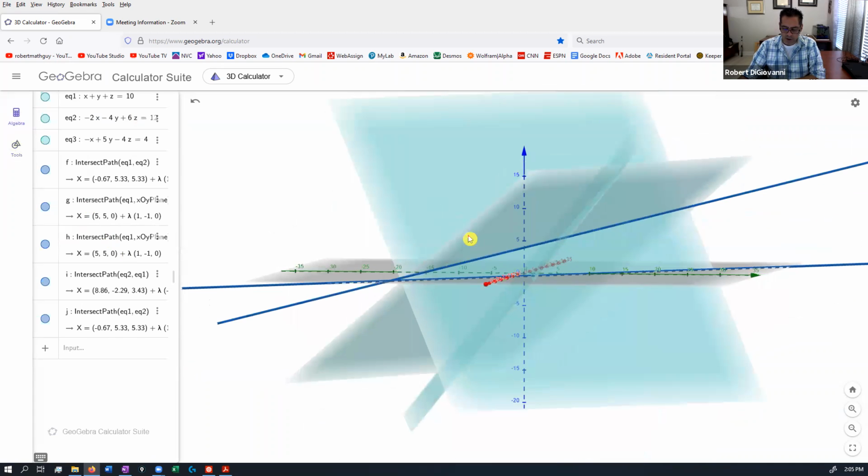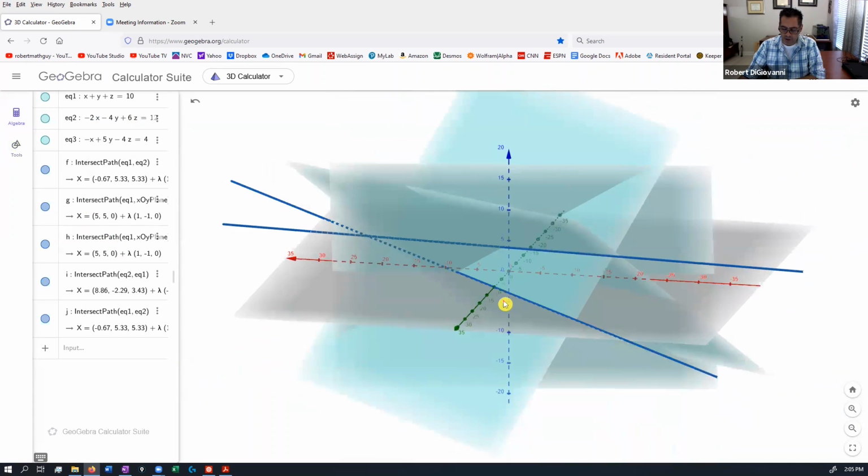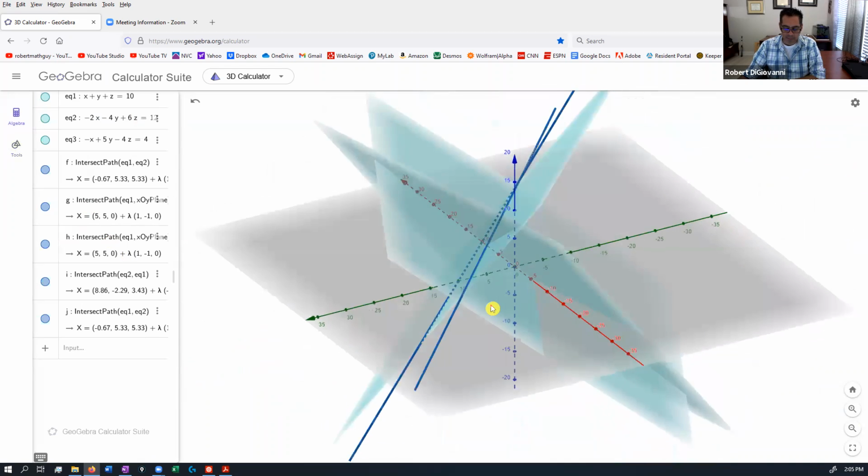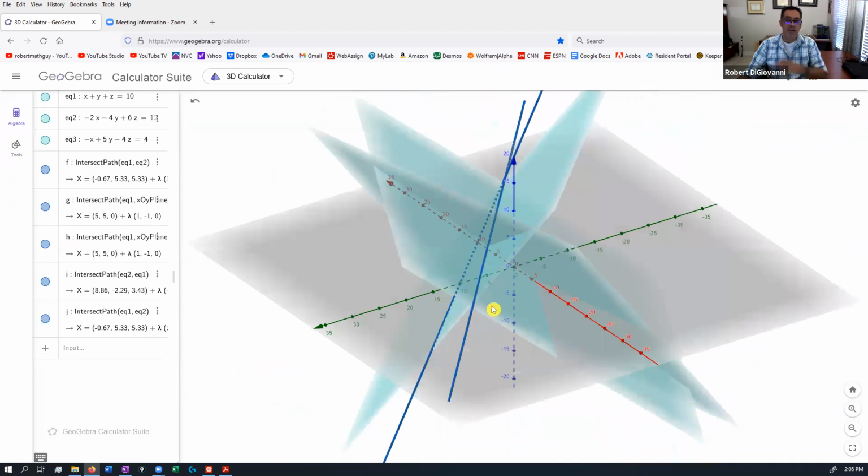So it can find me the intersection of 2 of them at a time. It can give me where 2 of the planes hit each other, and they hit each other in a straight line. I'm trying to figure out where all 3 hit each other. And this software, as great as it is, this website is just not capable of doing that yet.